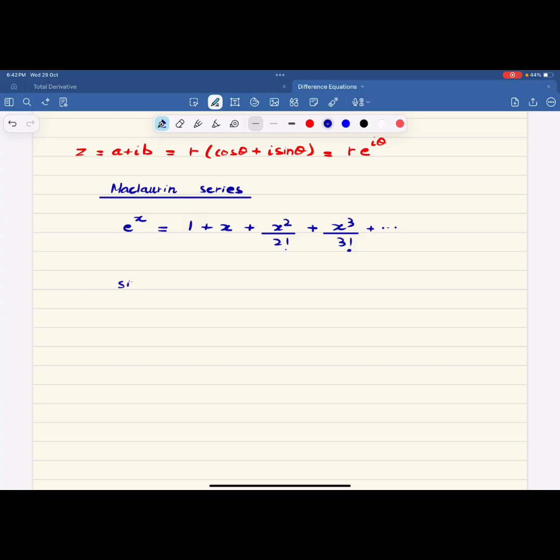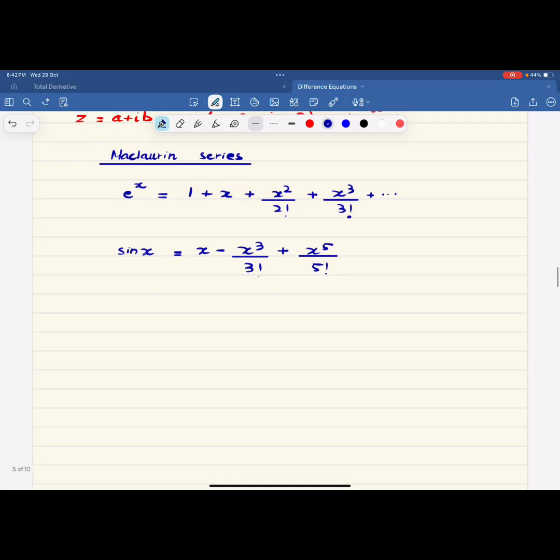While the Maclaurin series of sin x, which is the Taylor series of sin x around 0, is x minus x cubed over 3 factorial plus x to the 5 over 5 factorial.